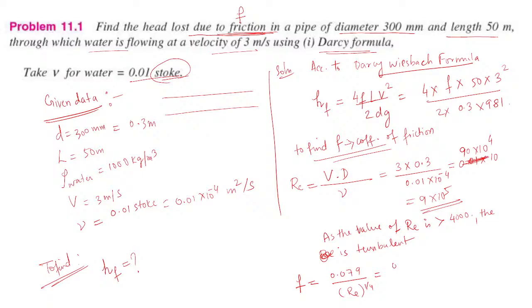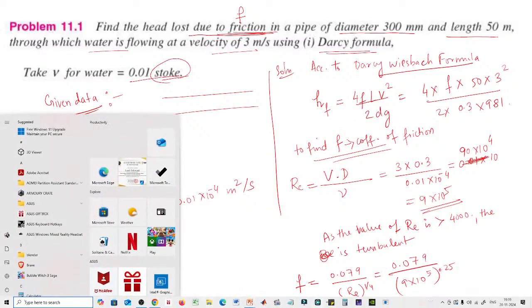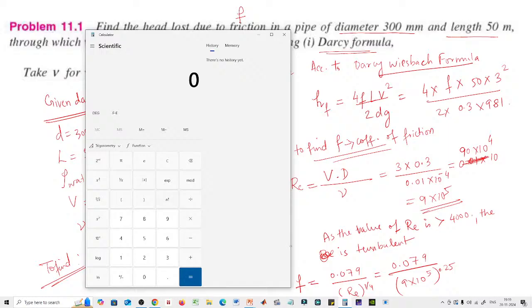So 0.079 by 9 into 10 power 5, power 1 by 4, means power 0.25, I hope. So here again I can use a calculator. First of all, let me do this portion, right?